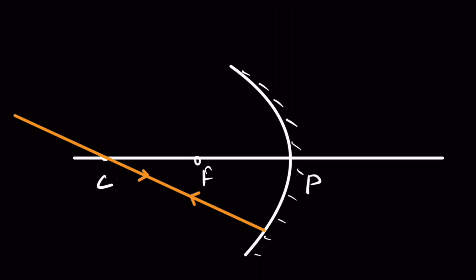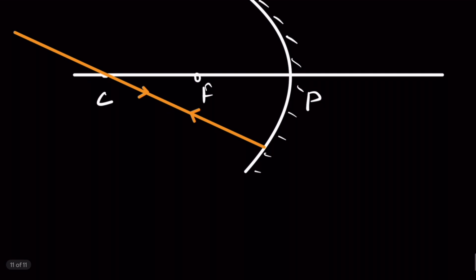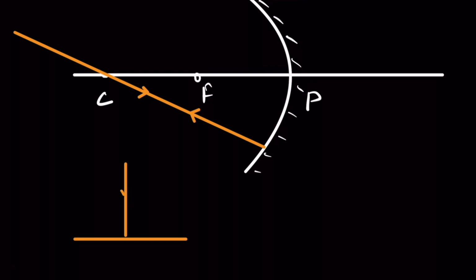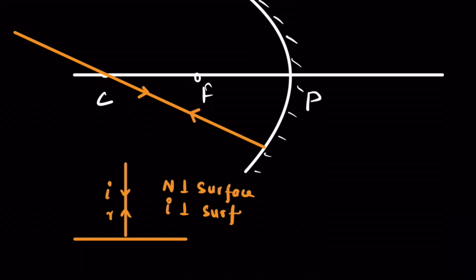So what is the reason behind that? In part 1, I explained to you about the plane mirror. In that, I was telling you that when the incident ray touches the surface and it is perpendicular to the surface, it will bounce back in the same path. There I explained it happens because the normal is perpendicular to the surface and the incident ray is also perpendicular to the surface.